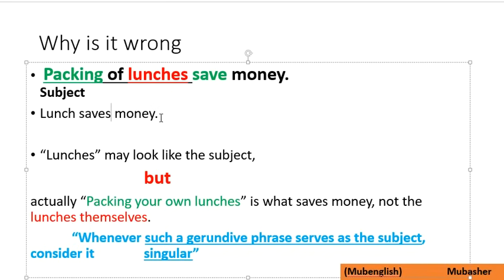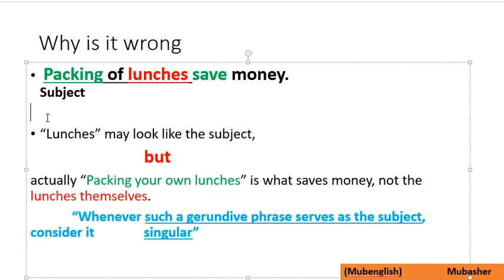Now it is correct. But the sentence that we are discussing in this case, our prime concern is the packing of lunches, not the lunches. So basically what is saving the money? The packing. So we need to understand if there is any gerundive phrase or noun phrase like this one which has been used as a subject.